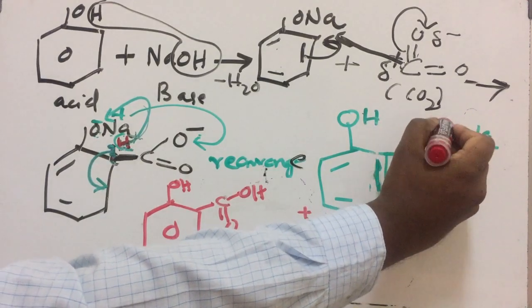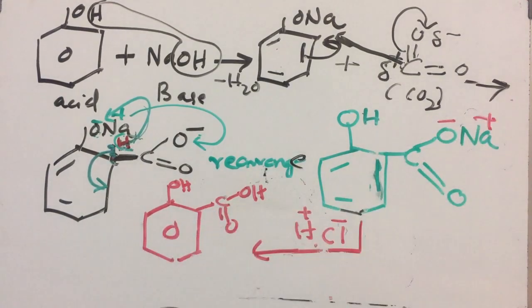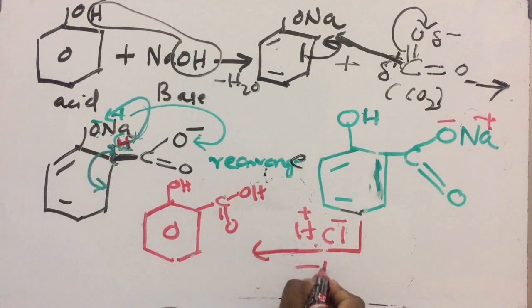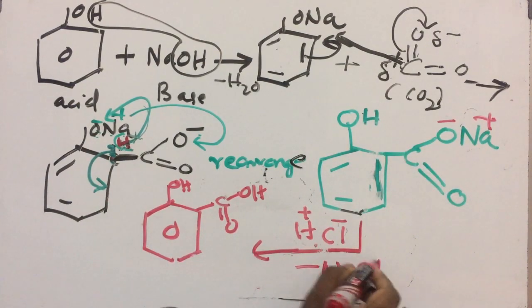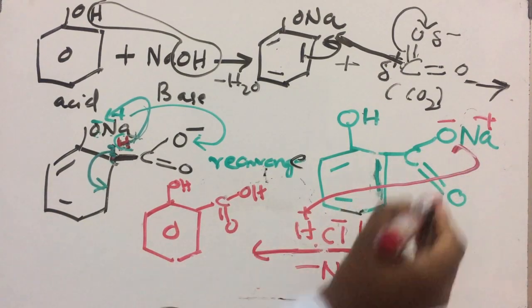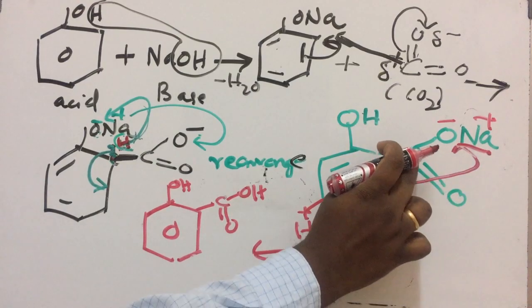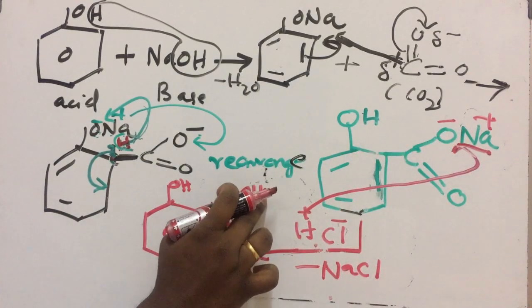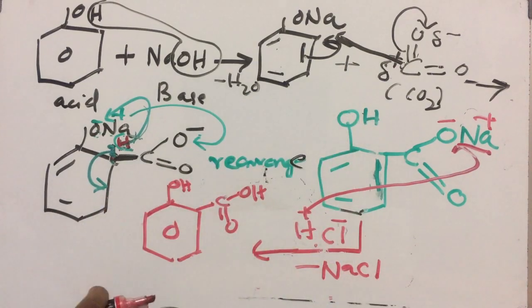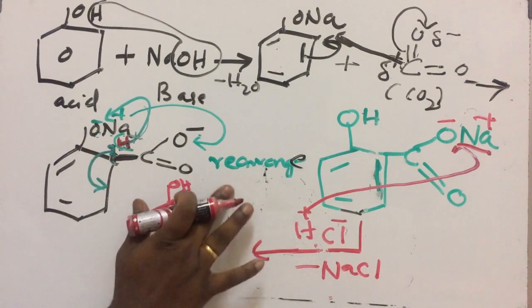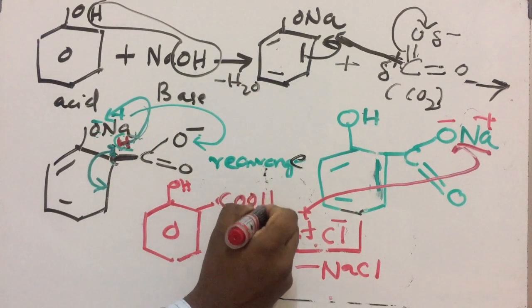In the intermediate, here we can write O minus Na plus. So Na and Cl combine to form NaCl. So NaCl is the byproduct. Then this H plus will add to O. Then C double bond O, OH, and OH. We can write COOH.